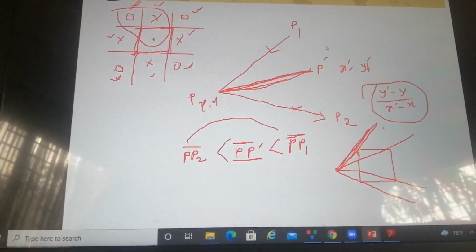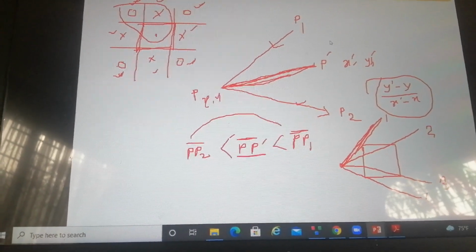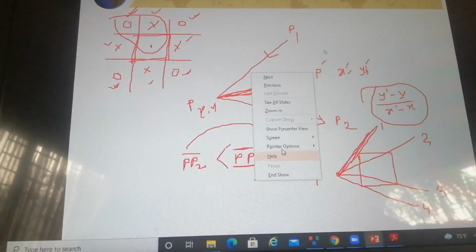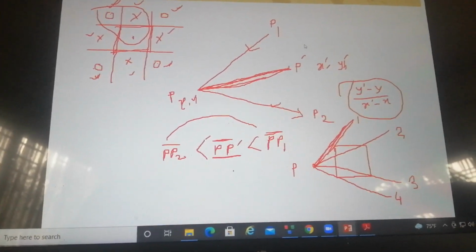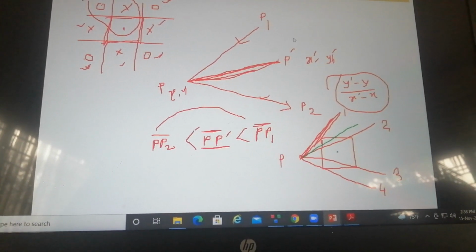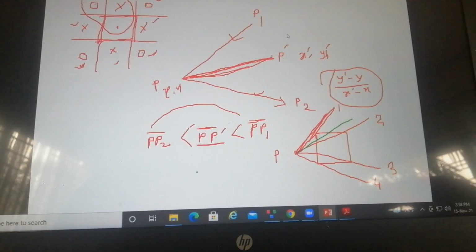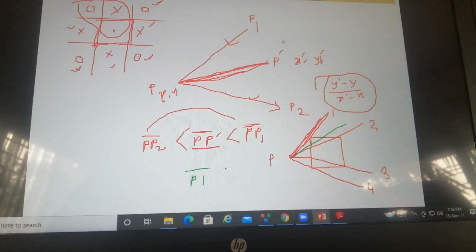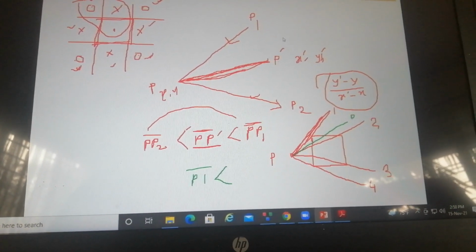Say for example, this is 1, 2, 3, and 4, and this is P. So if we have a line, suppose like this way, you can see the tangent of P and 1, and this is, say for example, our point, not 0.